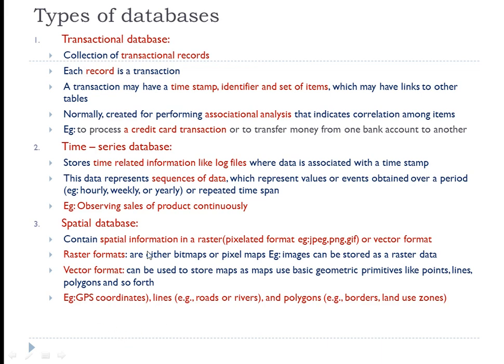So a spatial database will have spatial information. What kind of spatial information? It can be GPS coordinates, it can be lines information, roads, rivers, polygons, for example, which can be used to find out borders and land use zones. These spatial information can be represented in a pixelated format, which we call a raster format, or it can be stored in the form of points, lines, polygons and so forth, which we call a vector format.